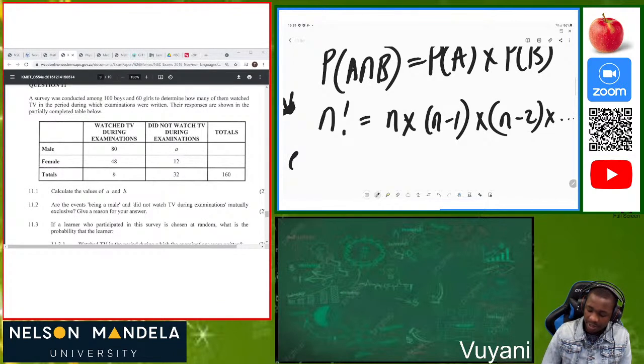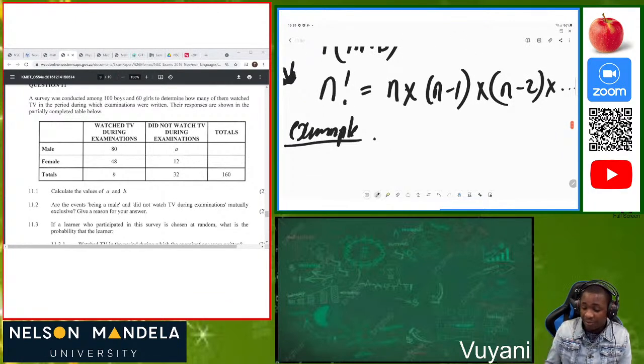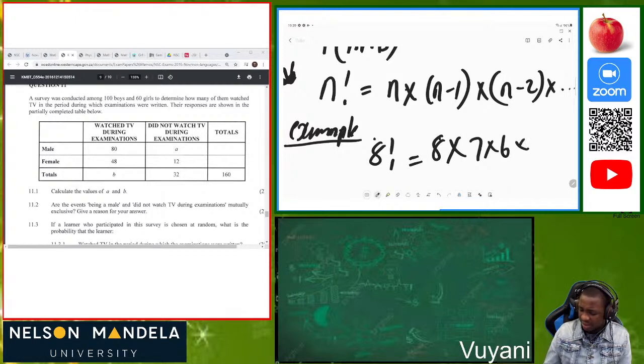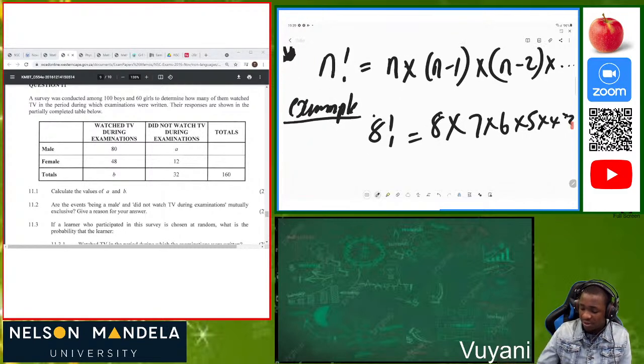For instance, let me make a simple first example. When they say 8 factorial, it's the same as 8 times 7 times 6 times 5 times 4 times etc., because n is 8, then n minus 1, 8 minus 1, is 7.